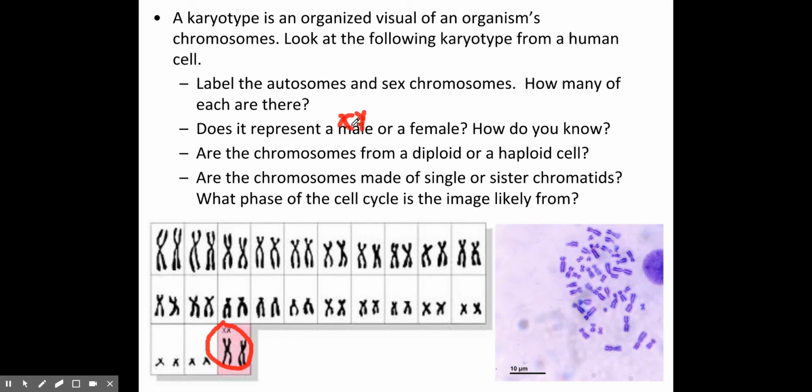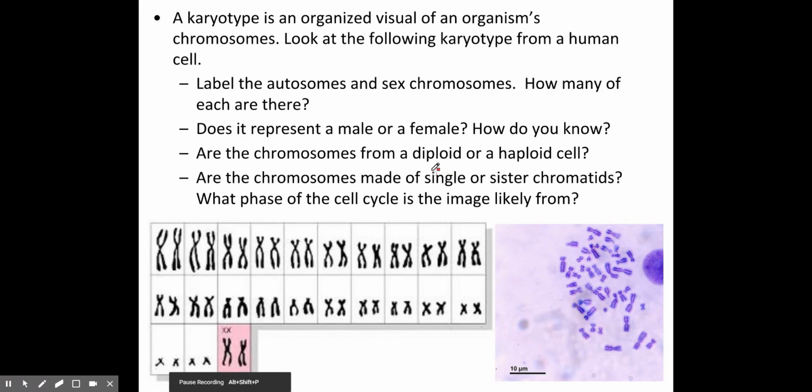You would have what's known as an XY. And it's actually really a dramatic size difference. The X chromosome is really big and long with lots of DNA on it, and then the Y chromosome is this tiny little chromosome. So it's not a true homologous pair, but that would be what you would see in the karyotype for a male.